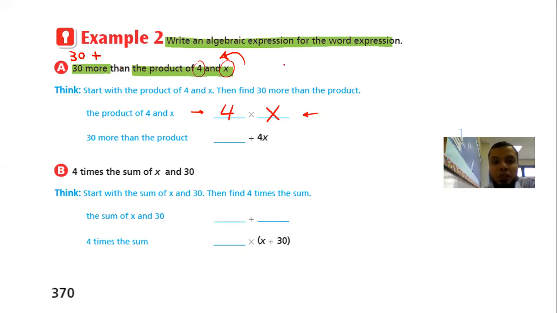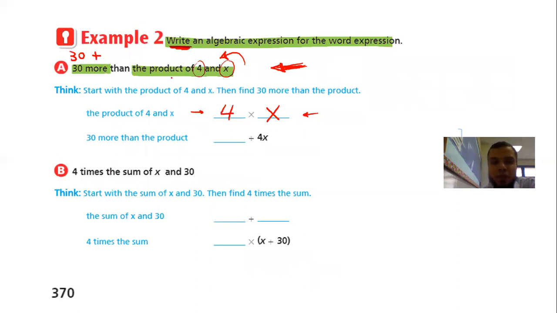So I need to write. The question says write. I don't want to calculate anything here. I need only to write an algebraic expression for this situation. 30 more than the product.